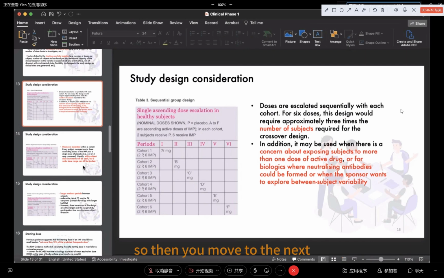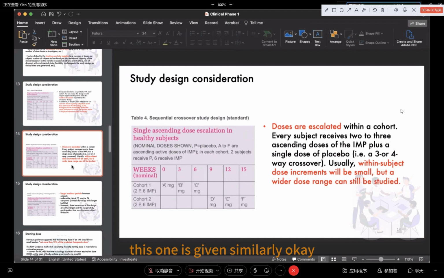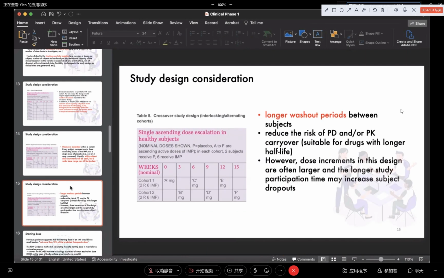Then when you move to the next slide, in one cohort it's given in a dose escalation manner, and then the last one is given alternatingly. So this is how they do it, correct?